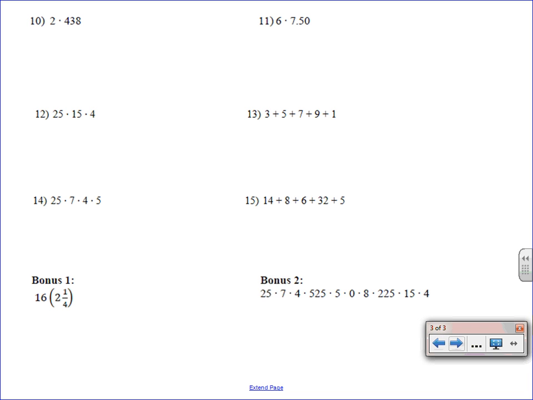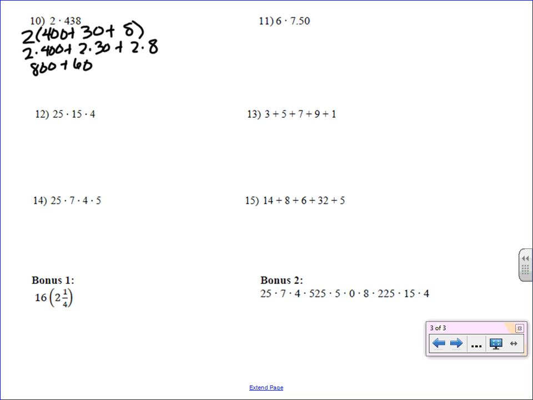And the home stretch, so we have 2 times 438, another distributive property problem. So we have 2 times 400 plus 30 plus 8. So 2 times 400 plus 2 times 30 plus 2 times 8 is 800 plus 60 plus 16.